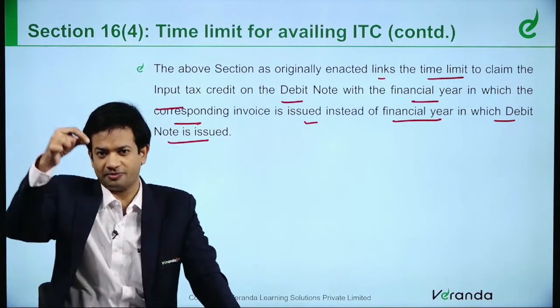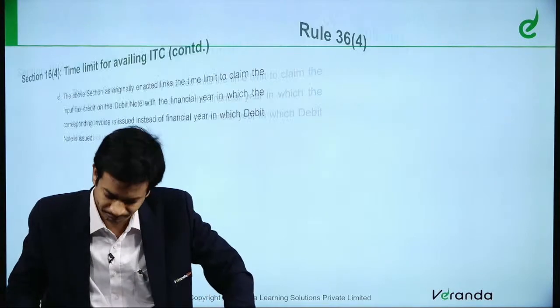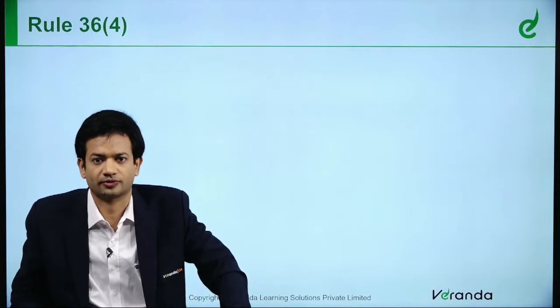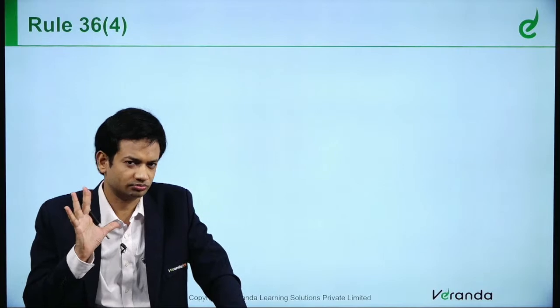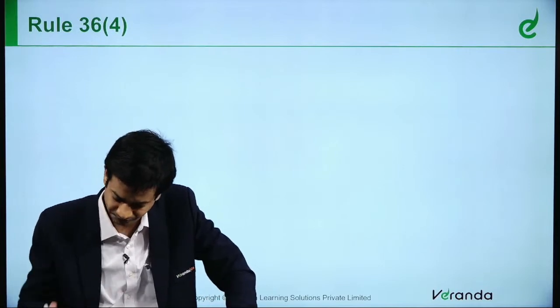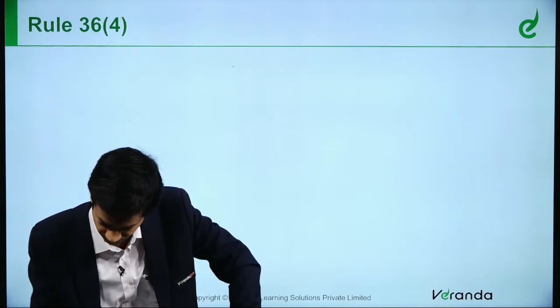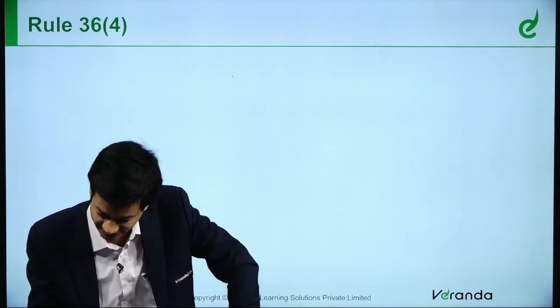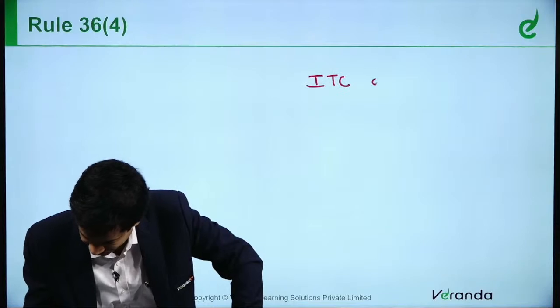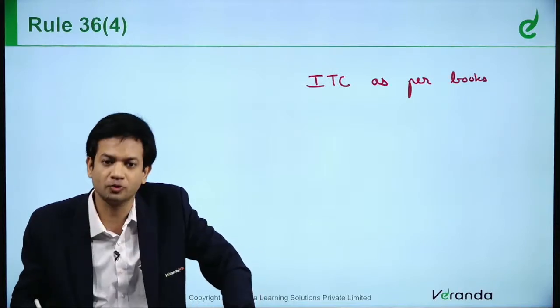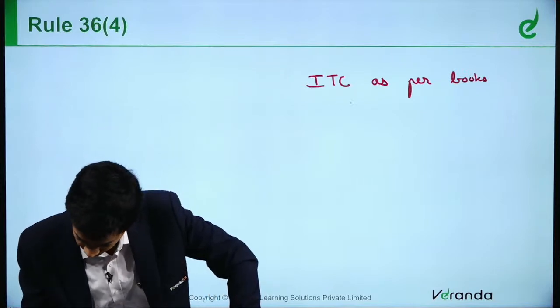Now we will go to the next amendment in this ITC chapter, Rule 36(4). What is this Rule 36(4) all about? Let me give an example. Let's say ITC as per books is 1 crore.